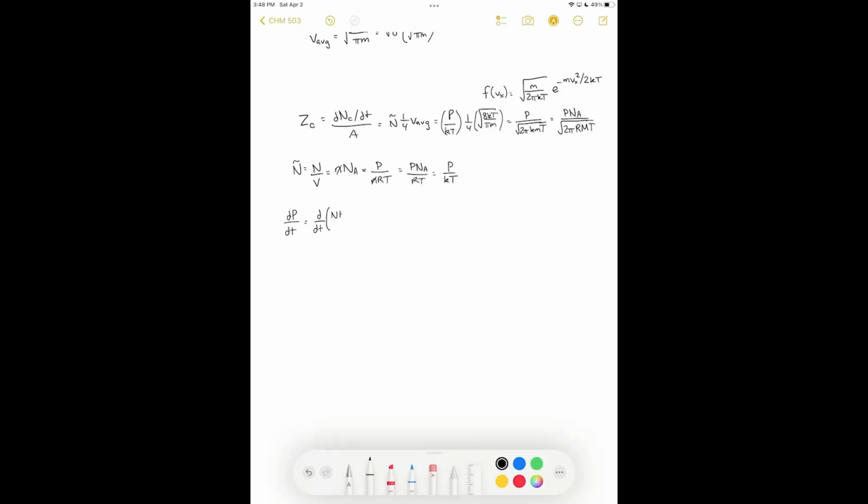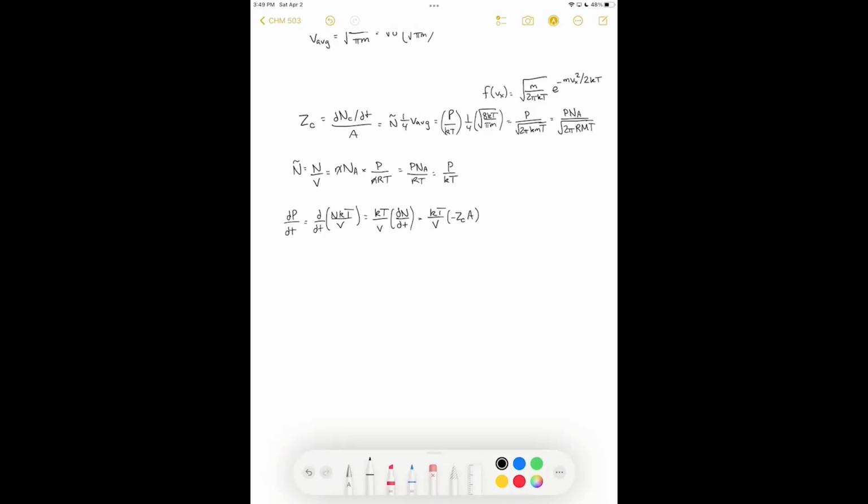That is NkT over V. Here we've done capital N and k instead of lowercase n and R. So this is simply going to be kT over V times dN/dt. And we know that dN/dt is the area times the collisional flux. So that's going to be kT over V times negative Zc times the area. We have a negative sign because the pressure is decreasing as a function of time as gas molecules actually leave the container.